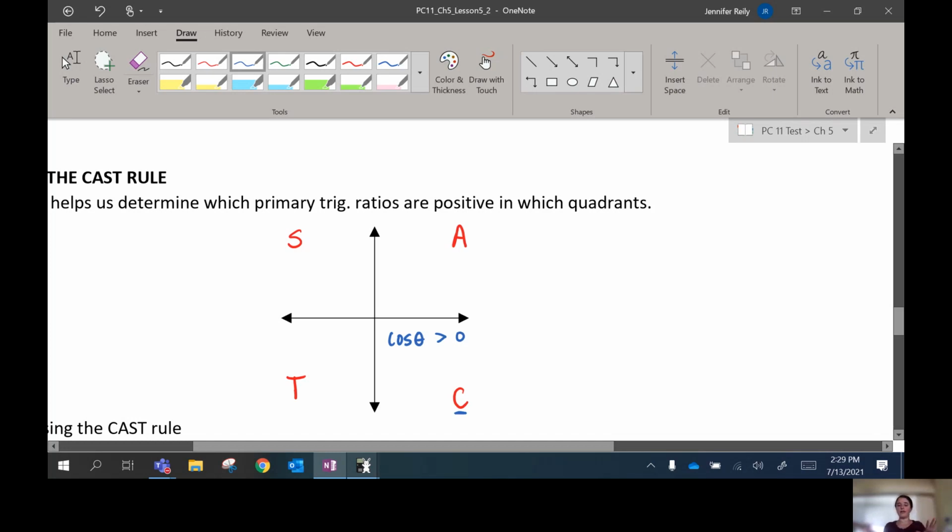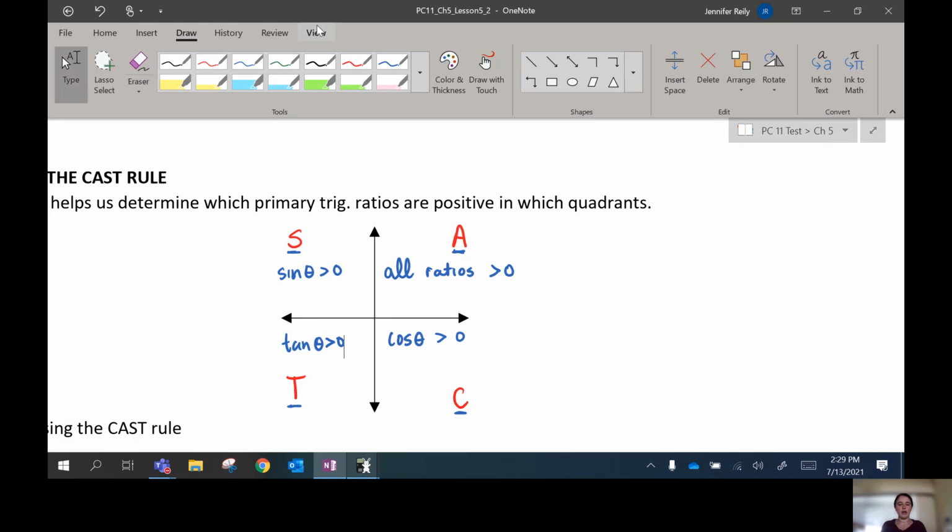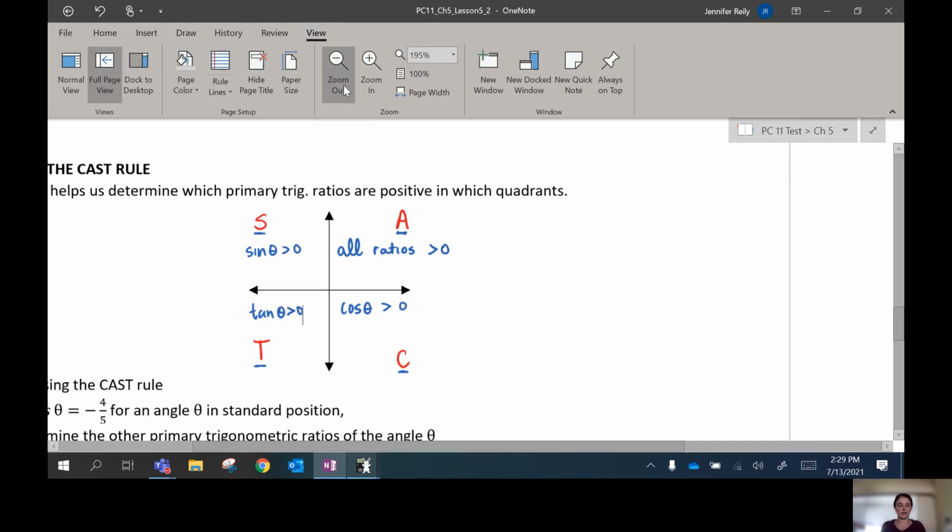The other ones are all negative. In the first quadrant, A stands for all, so all ratios are positive. That symbol means greater than 0, so positive. In this one, S stands for sine, so sine theta is going to be positive. And then in quadrant 3, T stands for tan.